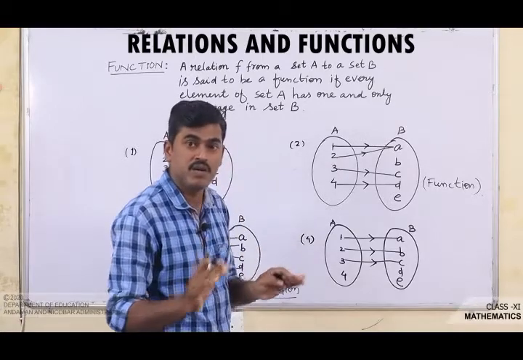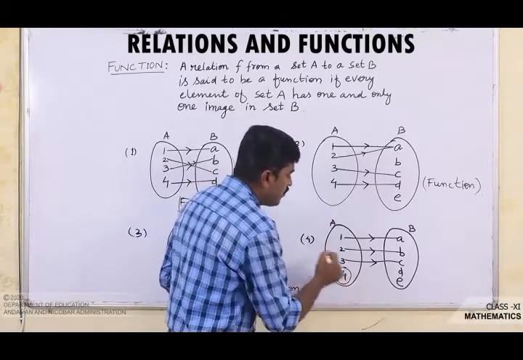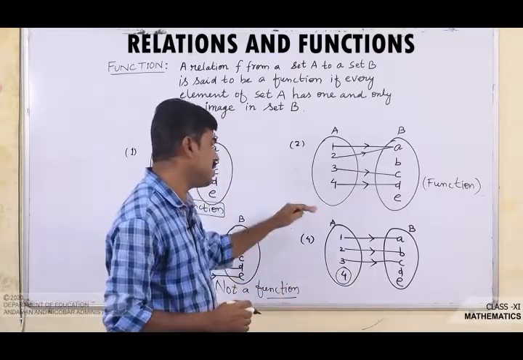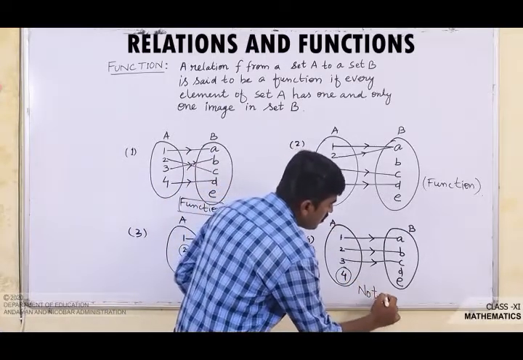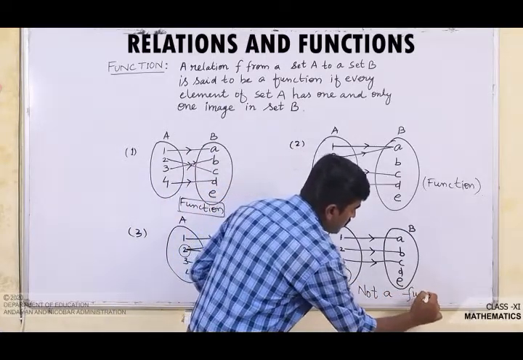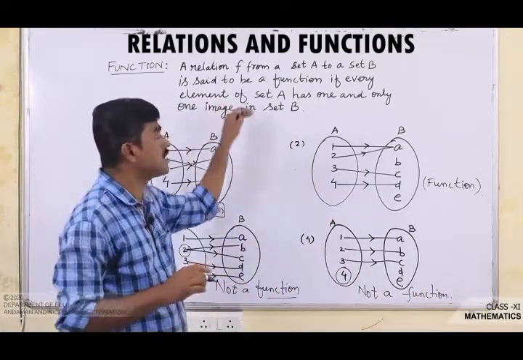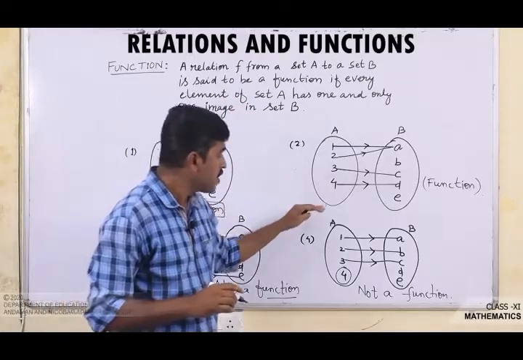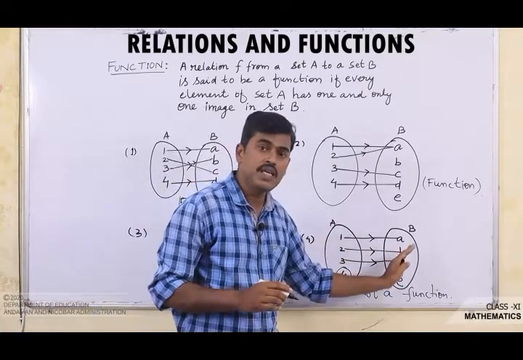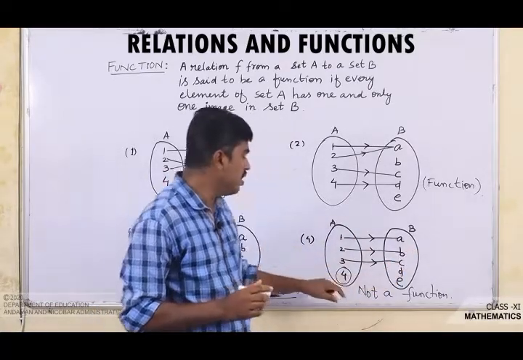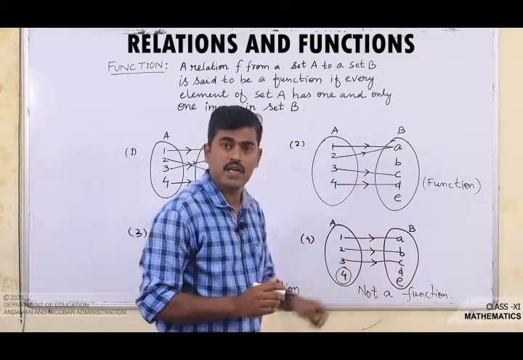That means there is no image of the element 4 in the set B. So this is not a function, because the condition for a relation to be a function is that every element of the set A has a unique image in set B. Here the element 4 does not have any image in set B, so it is not a function.